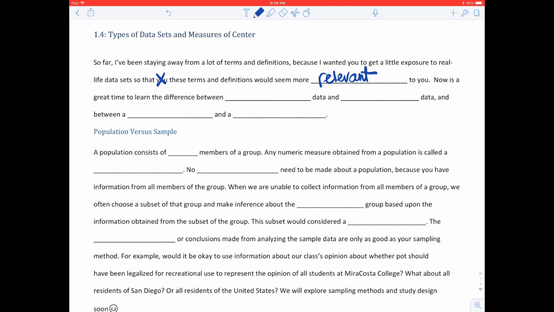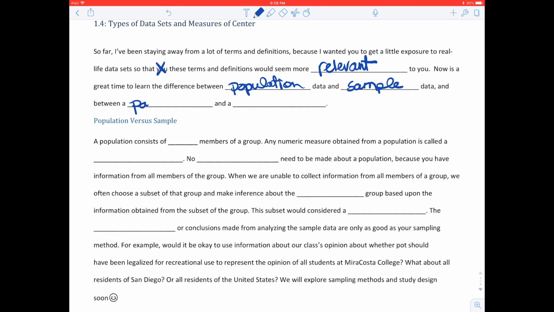Now is a great time to learn the difference between population data and sample data, and between a parameter, so the P's always go together, by the way. Parameter is always something that is about a population, and a statistic is something that is always about a sample.